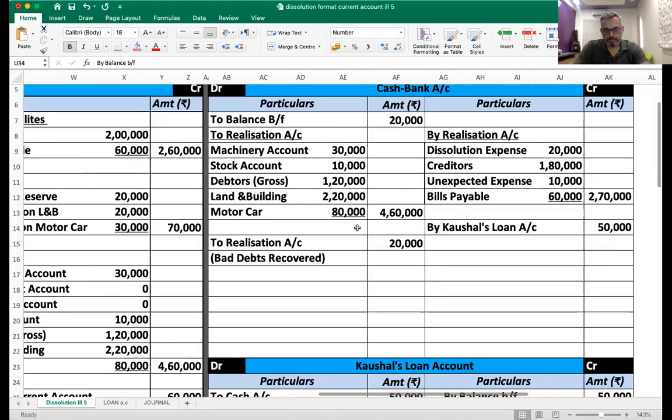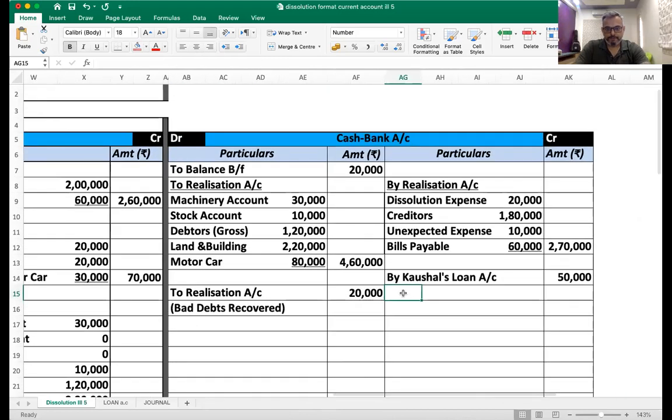Cash account, we are making the payment. So by partners' capital account. Let's transfer it.